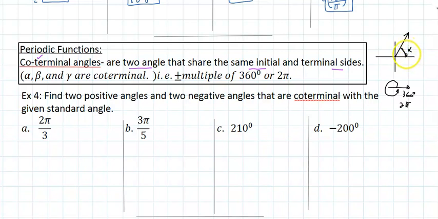If I go to alpha itself and I rotate from alpha 360 degrees, I'm back where I started. Or if I go to alpha, so I'm right here, and I rotate 360 degrees in negative rotation from where alpha is, I'm back where I started.